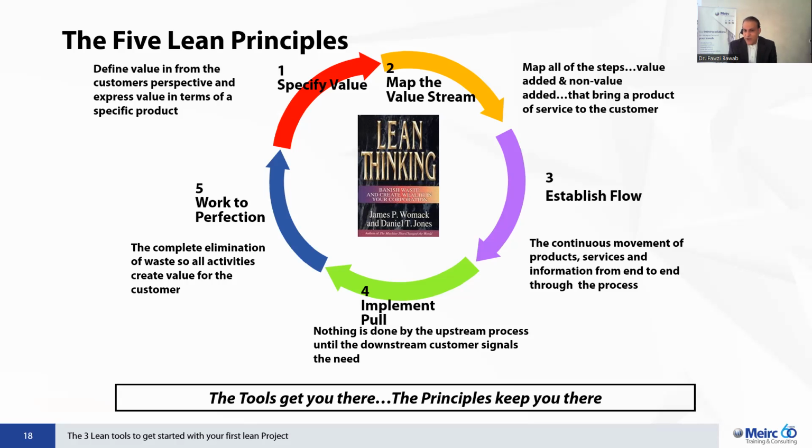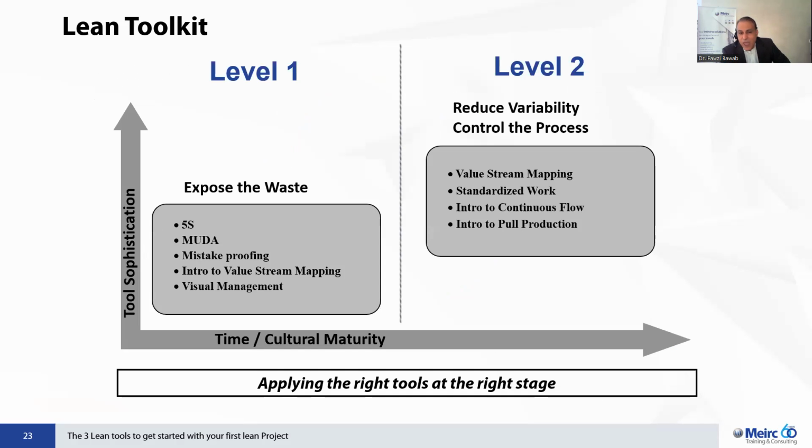The principles, these 5 principles, keep you focused on that direction and compass. And again, there are a number of tools that will depend on the cultural maturity, on what is important for us. And we can look at different tools, from the value stream mapping to the visual management to the single minute exchange of dies, 5S.